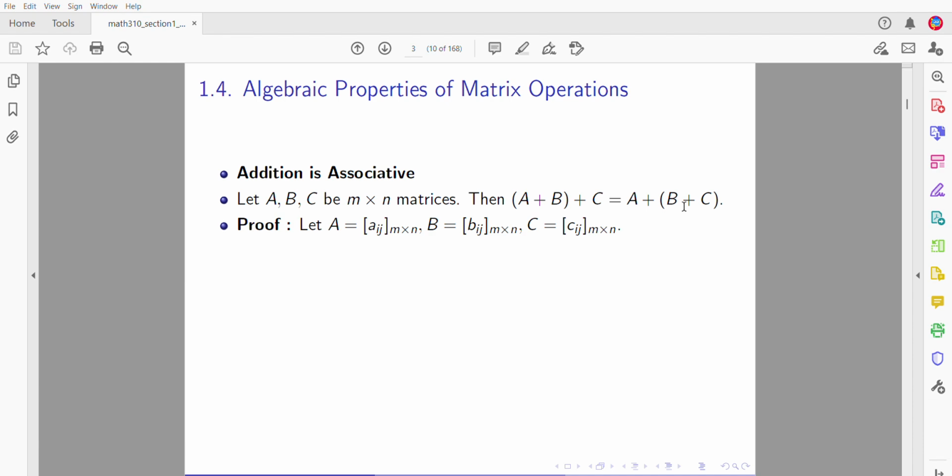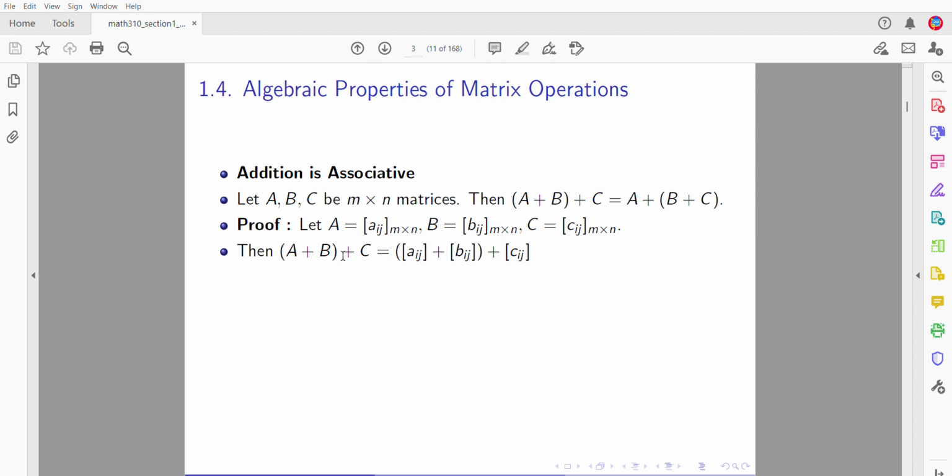Start with capital A, that is matrix Aij m by n. B, capital B, is matrix Bij m by n. And C, that is capital C, matrix Cij m by n. Then, what's the meaning of parenthesis A plus B plus C?